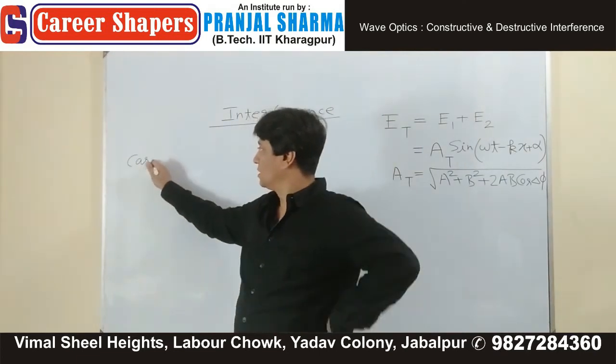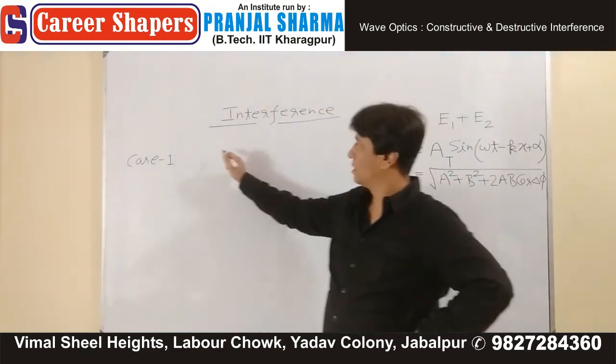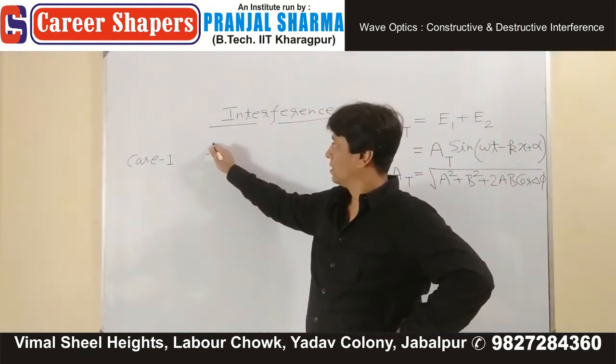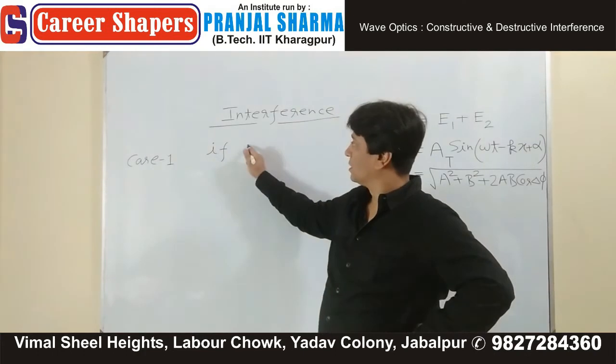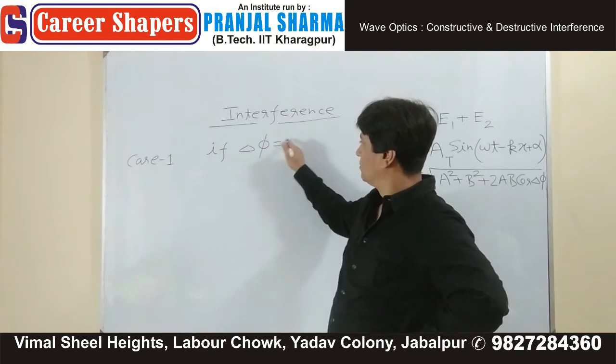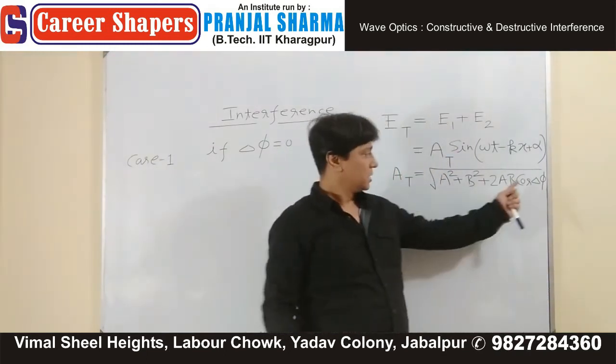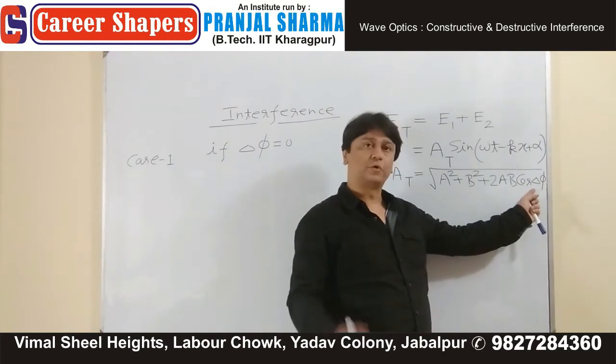Case 1. If delta phi is 0, then cos 0 is what? 1.